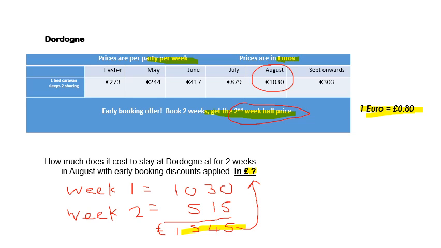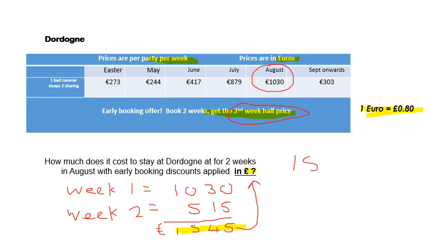Now you know that 1 euro is 80 pence sterling, so that's less than 1 sterling. So you should really know that when you convert 1,545 euros into sterling, it should be less than that. 1 euro isn't equal to 1 sterling. And the way you do it in this one is actually multiply.